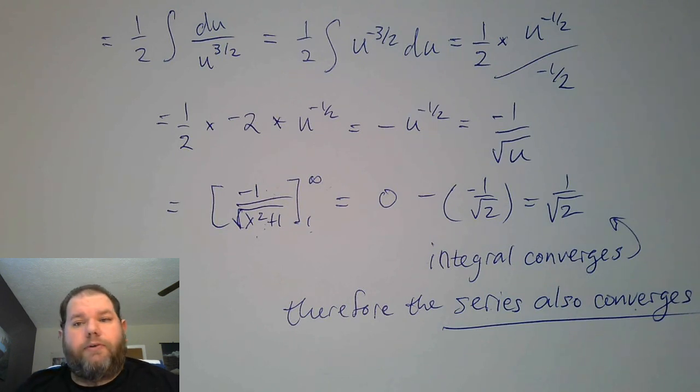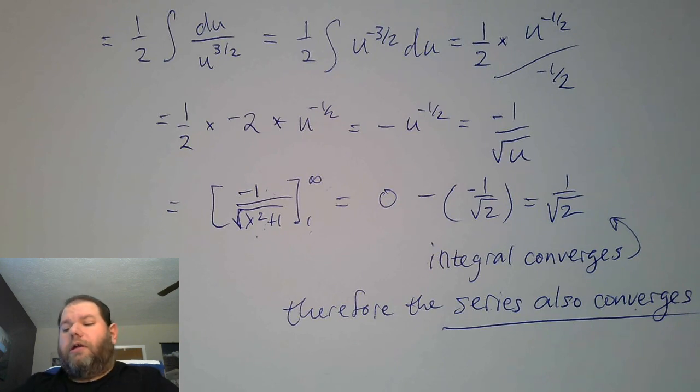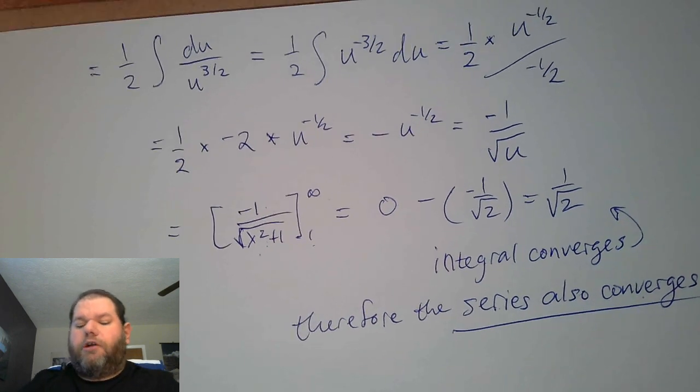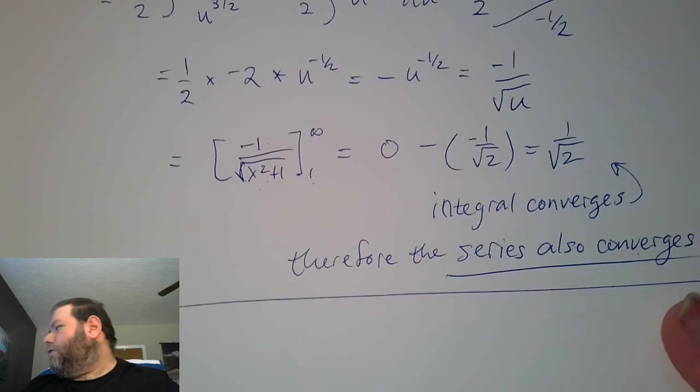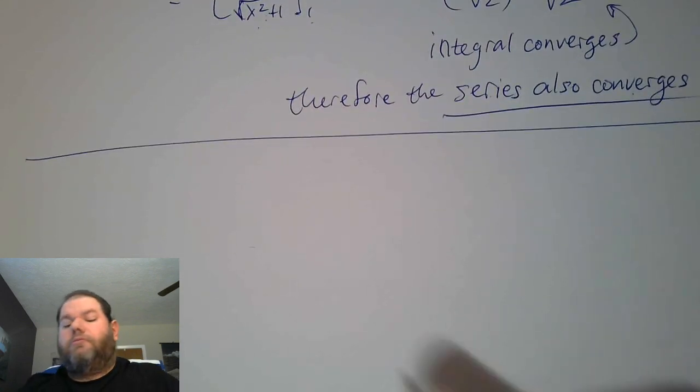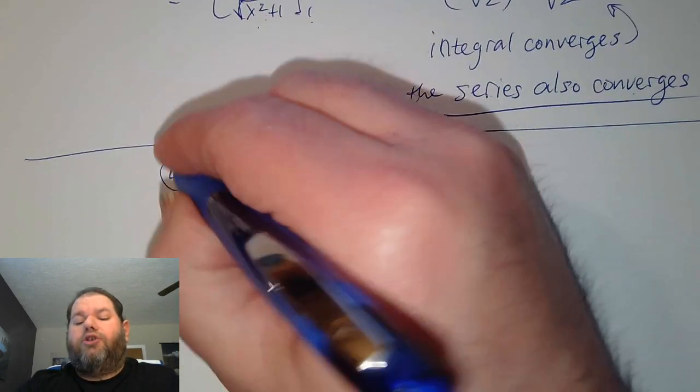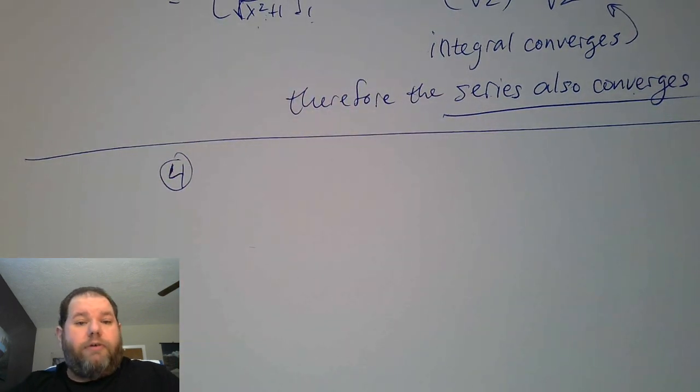Let's move forward to problem 4. Now, problems 4 through 11, each of these we don't know what method to use. So as we go through these, we'll talk about our logic as far as what we're going to choose to use to describe these.